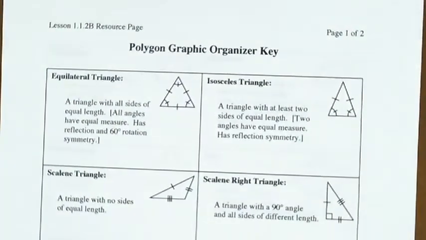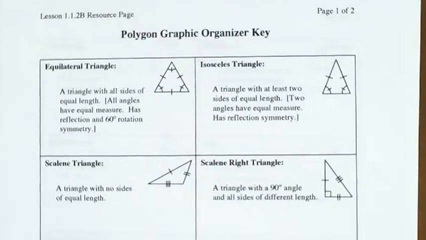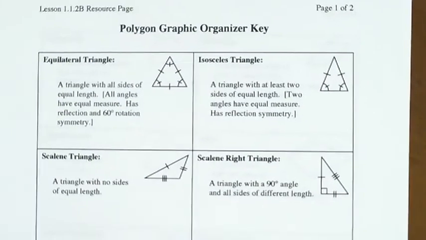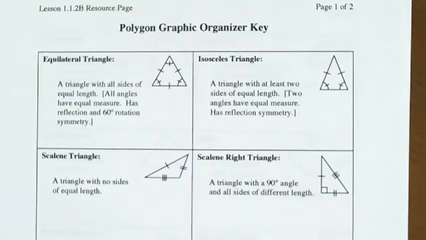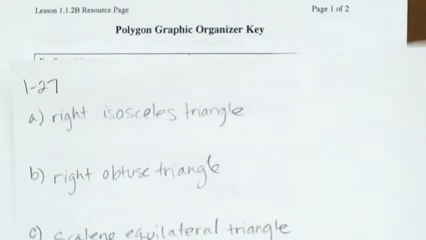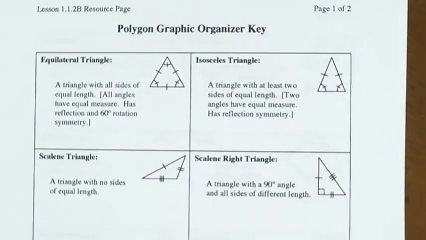It has all the definitions that we wrote out. The ones we wrote, I did not make sure they were completely perfect, but I tried to make sure you had the key elements. The goal here is that you're familiar with these, not necessarily that you have every detail memorized. Okay, so the right isosceles triangle is on your Polygon Graphic Organizer, I think.